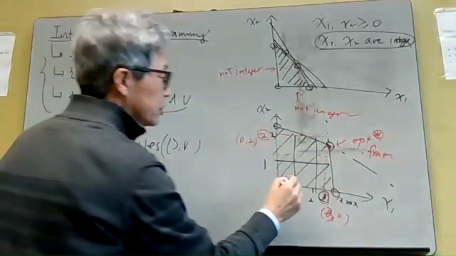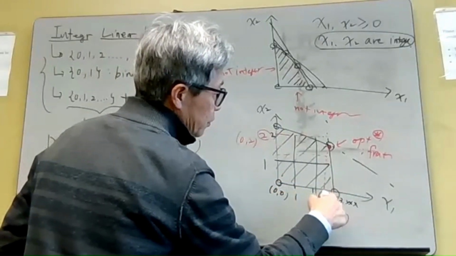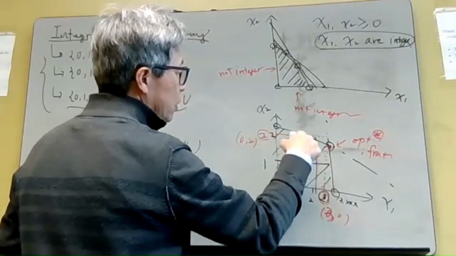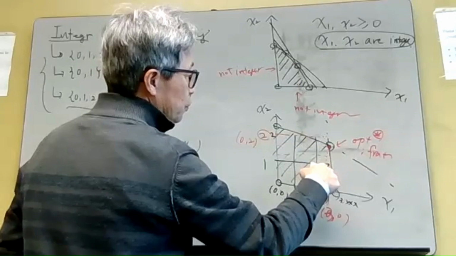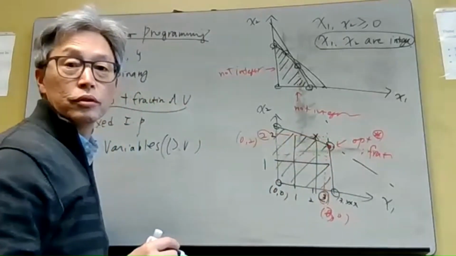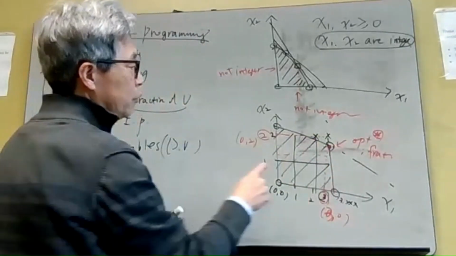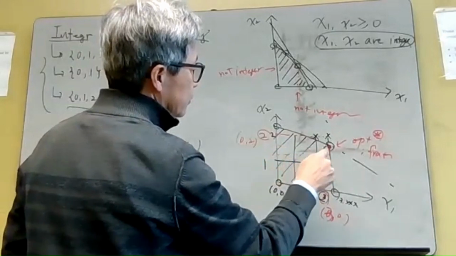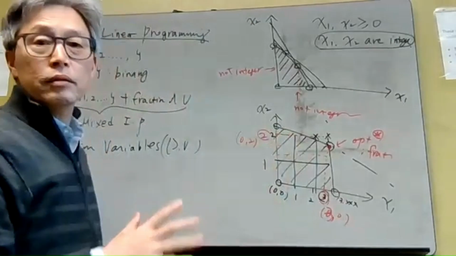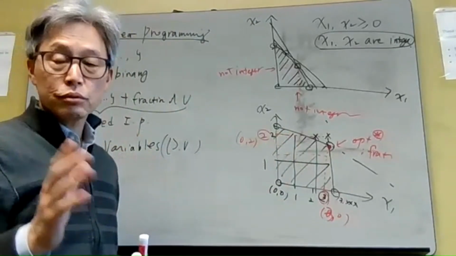Our integer solutions would be 0,0, 1,0, 2,0, 3,0, 0,1, 0,2, 1,1, 1,2, 2,1, and this one is not an integer solution, right? So we only have 10 feasible integer solutions.